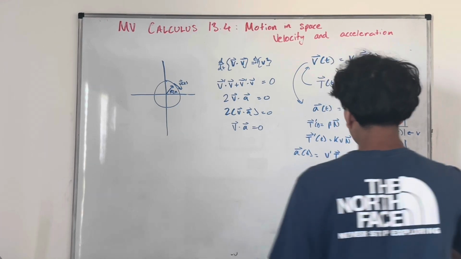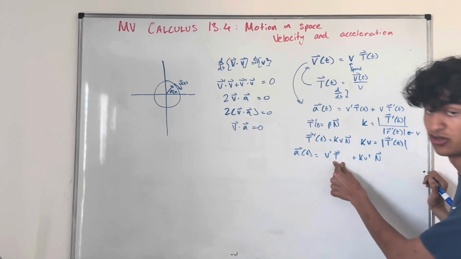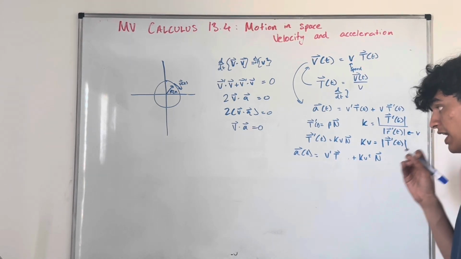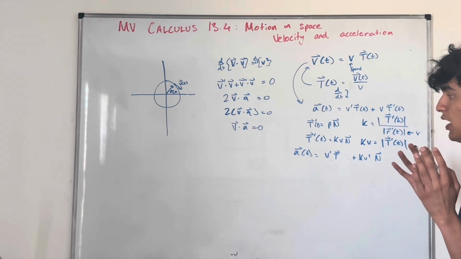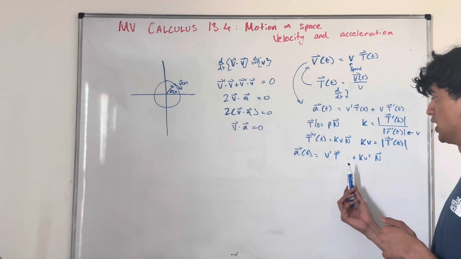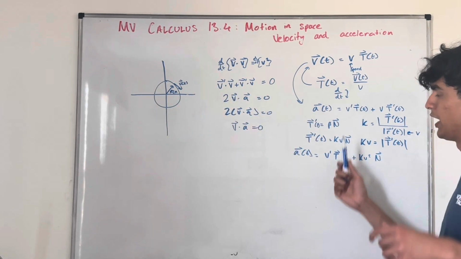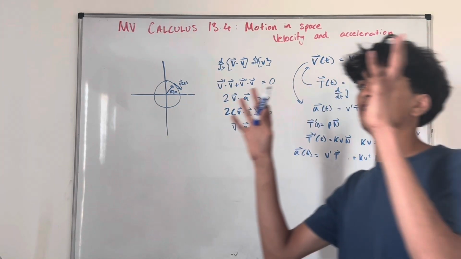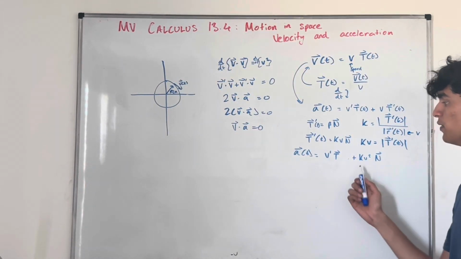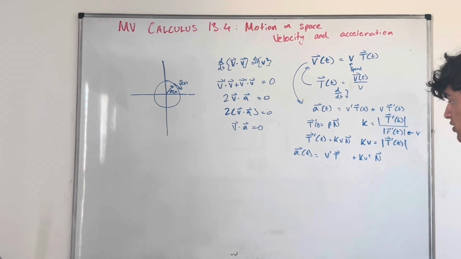So this gives us the tangential component, because this is what's tangent to the curve, and this gives us the normal component. Let's think about this for a second. If a particle is moving and its speed changes, there needs to be some component of the acceleration that is tangent to the curve.